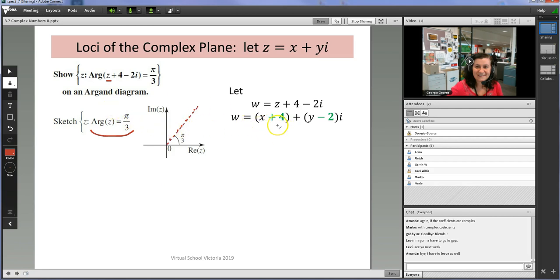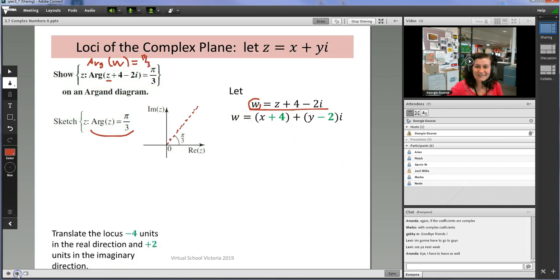So if we let w equal z plus 4 minus 2i, we replace w in here, we want the argument of w to be equal to pi on 3. Okay, so this is just a translation.